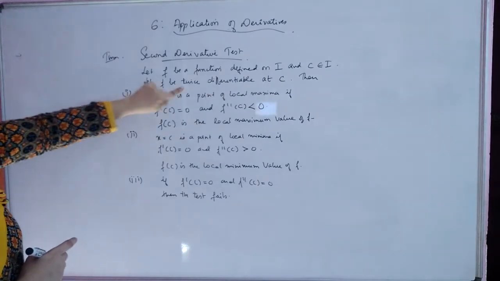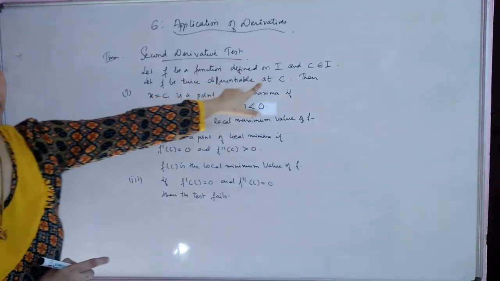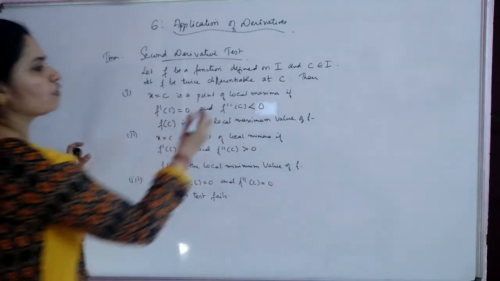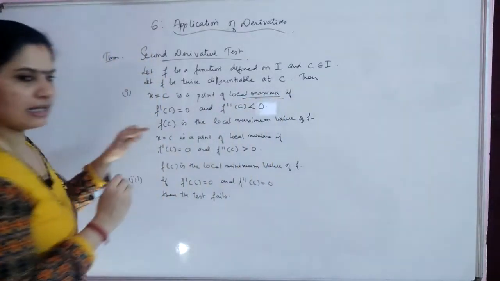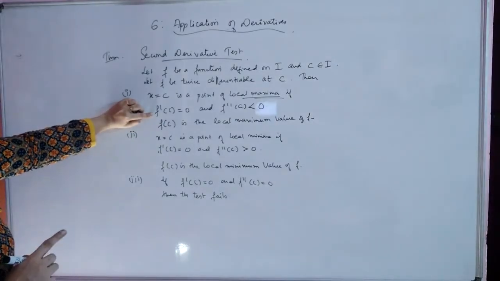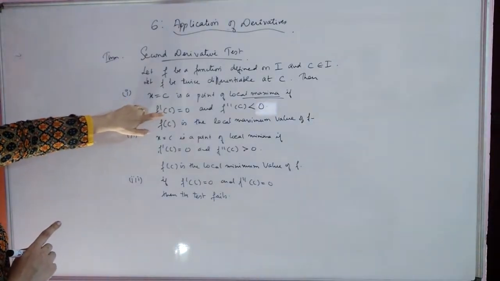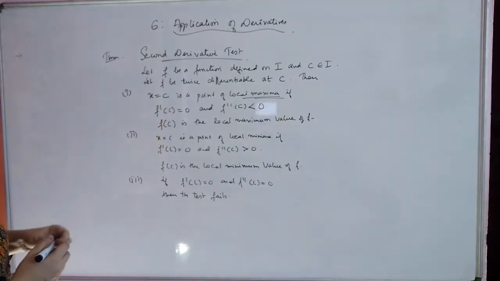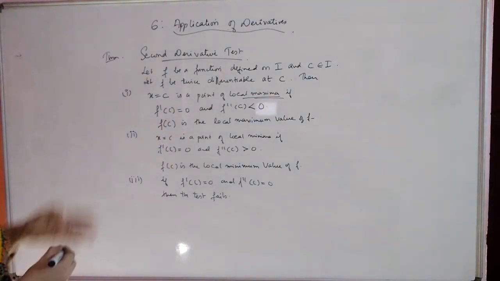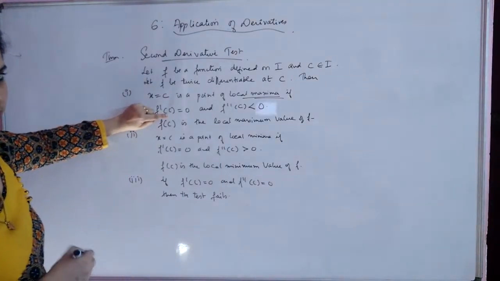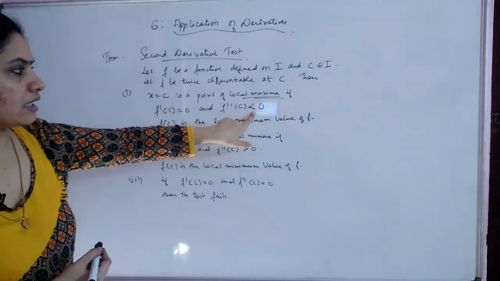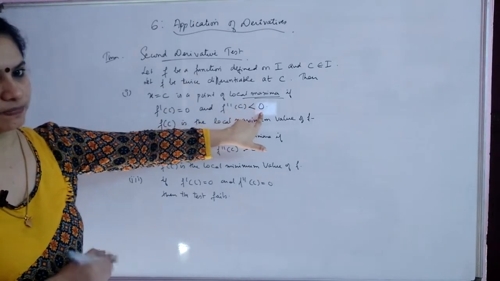So here we are checking at the point c. The point x equal to c is called the point of local maxima if f dash of c is 0. That means we will equate it to 0, and then we are finding out the c we are getting from this procedure. And then in the second derivative, when you replace x with c, if you get the second derivative to be less than 0, that is the opposite case.